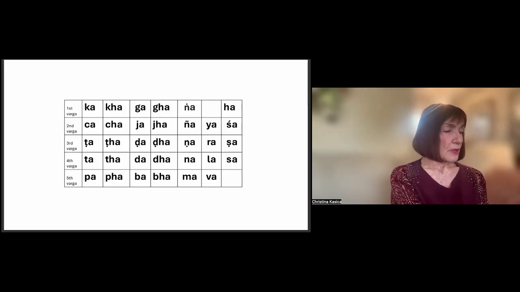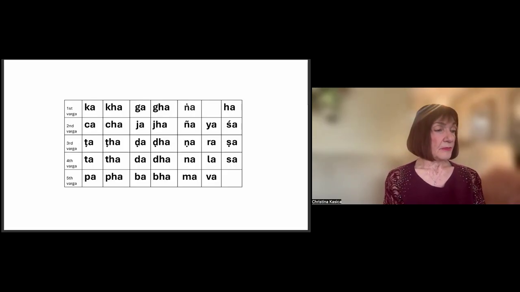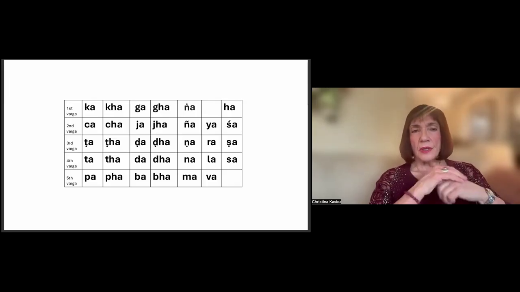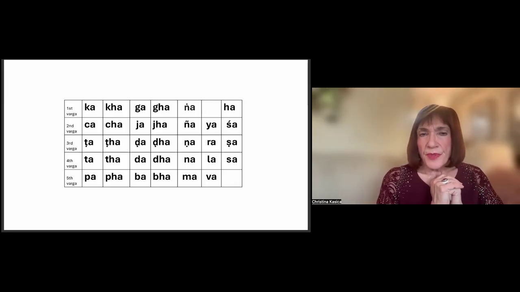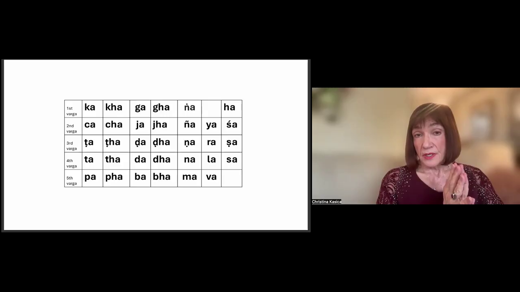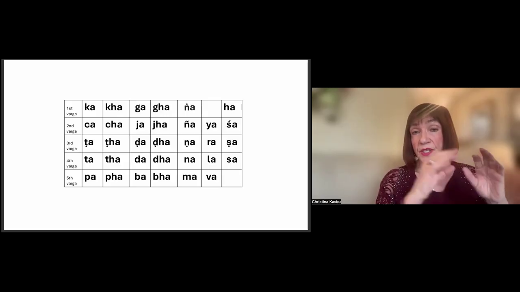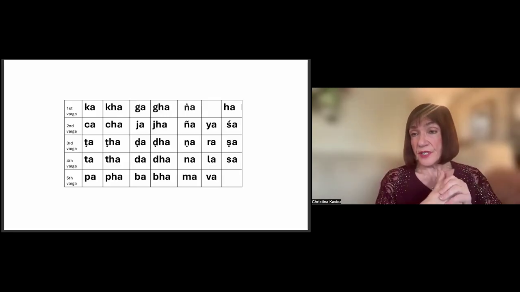One thing to notice is something we know about the third varga, the cerebral varga. When you write these letters in IAST, what is the characteristic in IAST that tells us it's a cerebral letter?